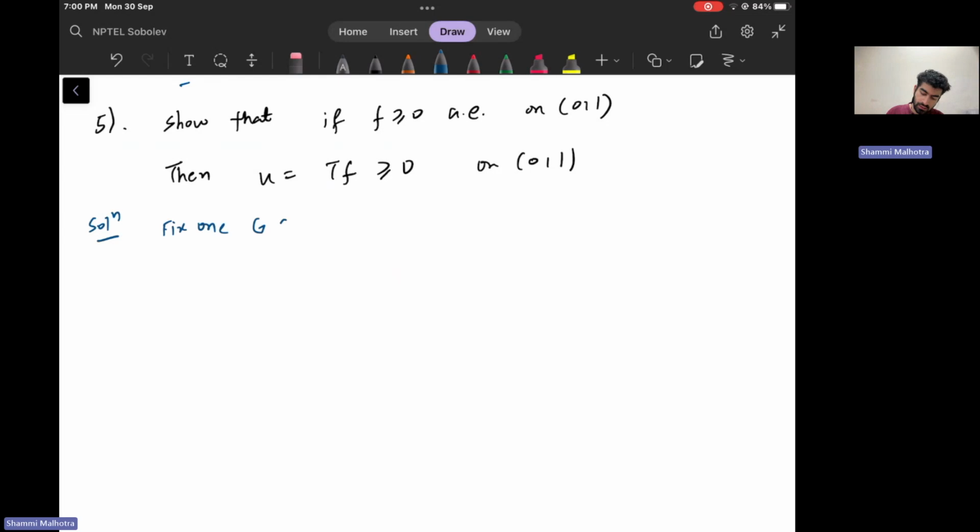a function G on R such that, first, G(t) is 0 on minus infinity to 0.